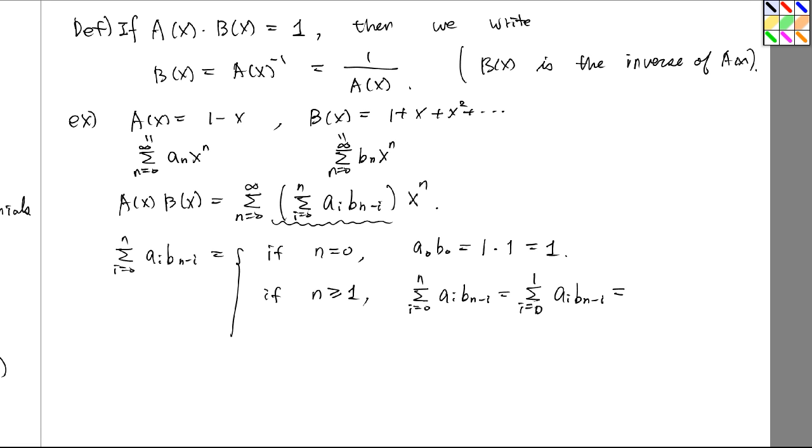So when i equals 0 it is a_0 b_n, plus i equals 1, a_1 b_{n minus 1}.